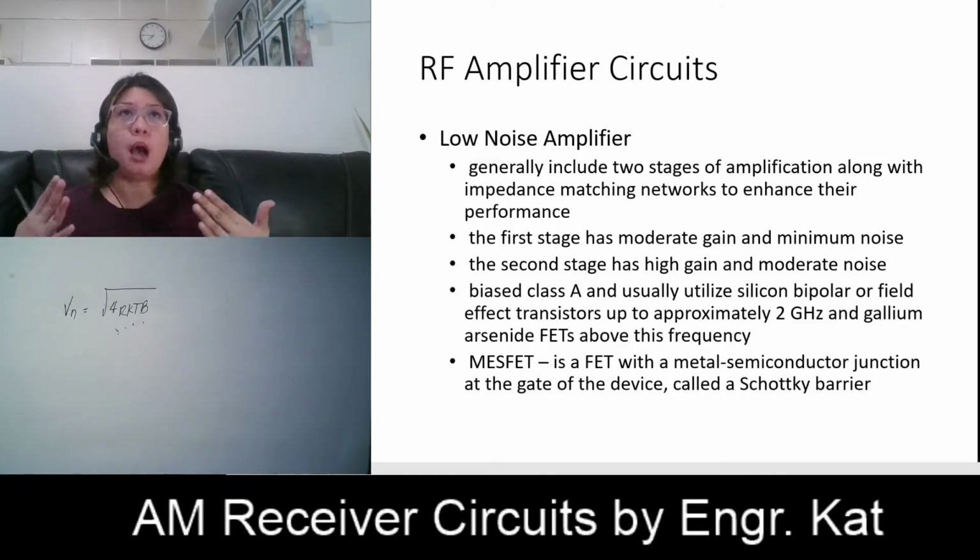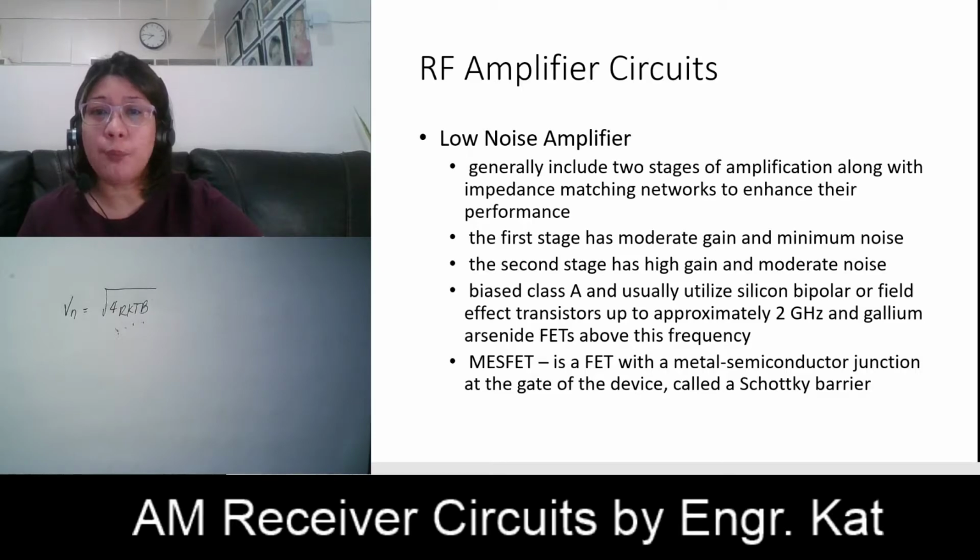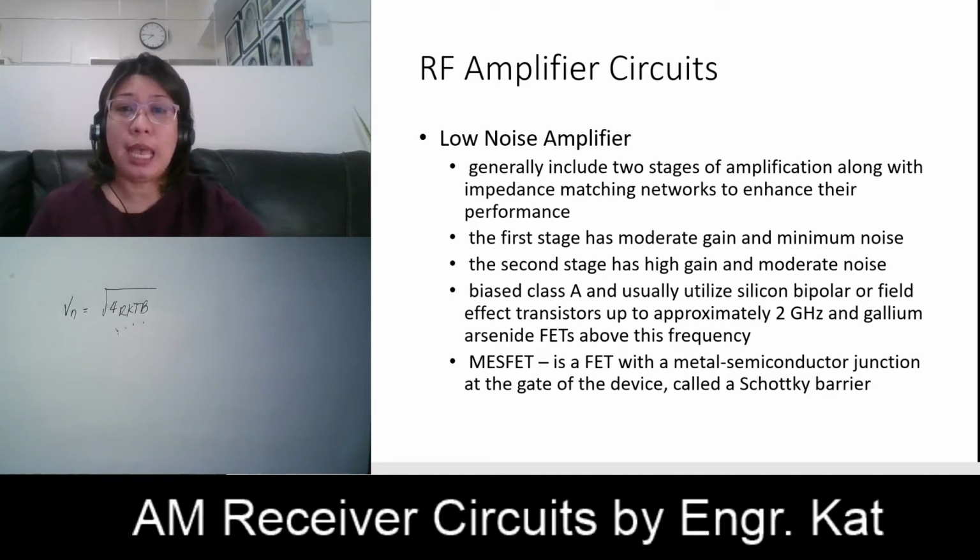They are biased as class A, again for the same reason, to further improve the nonlinearity. So we make use of class A biasing and usually utilize silicon bipolar or field effect transistors up to approximately 2 gigahertz, and gallium arsenide FETs above this frequency.